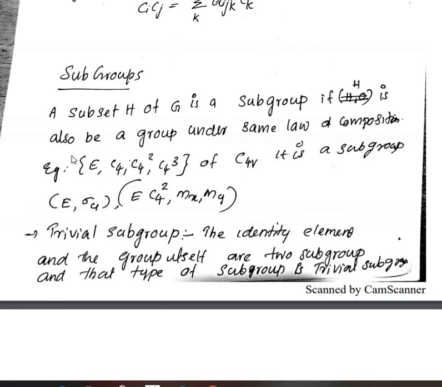For example, the C4v group contains E, C4, C4 square, C4 cubed, Mx, My, sigma V and sigma U. Out of these, E, C4, C4 square and C4 cubed form a subgroup, meaning they obey all four axioms.